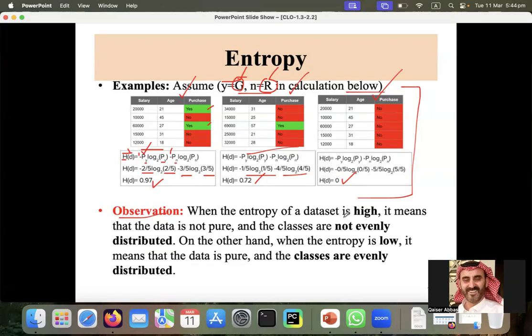When the entropy of the data set is high, maybe this one, it means the data is not pure. It means the data is random. Not pure. You can say there is a variation between the data. But when you say variation, people will not understand. So the exact word is random data. And further clarification is your data has many categories, but that is not true here.